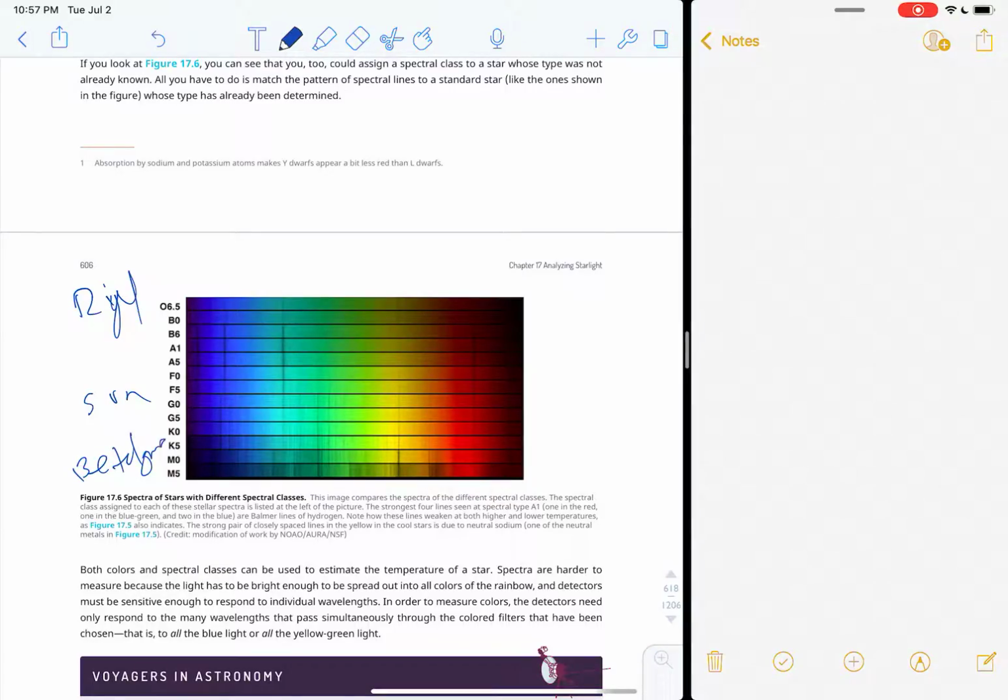Okay, and in this, Betelgeuse is a red star, so it's got a lot of emission down in red and not a lot of emission out in blue. So what we're looking at is a single row of this, the full rainbow coming from the sun. And you can see that the rainbow coming from Betelgeuse has a lot of red light in it, but not a lot of blue light in it.